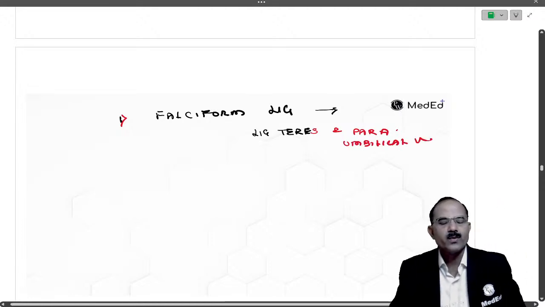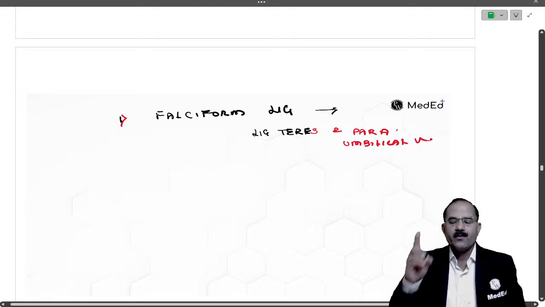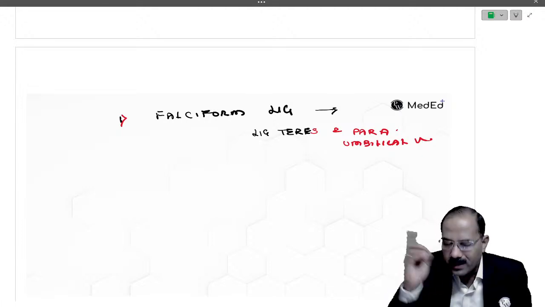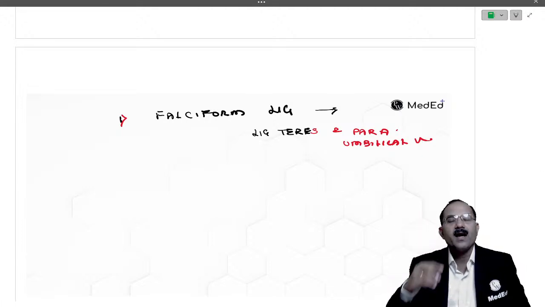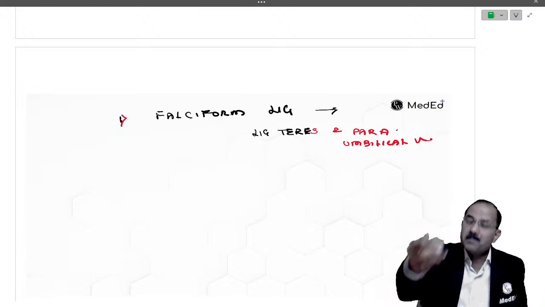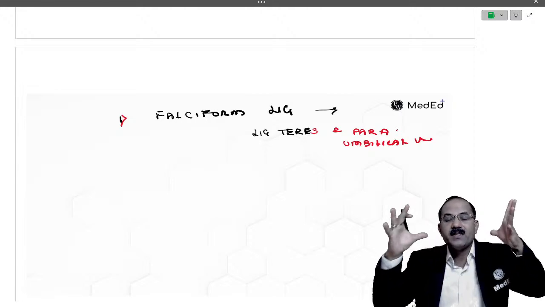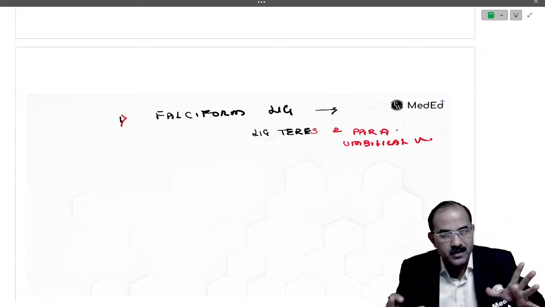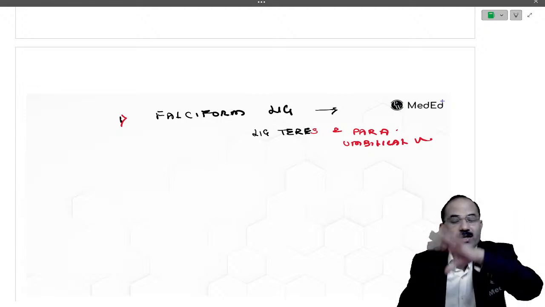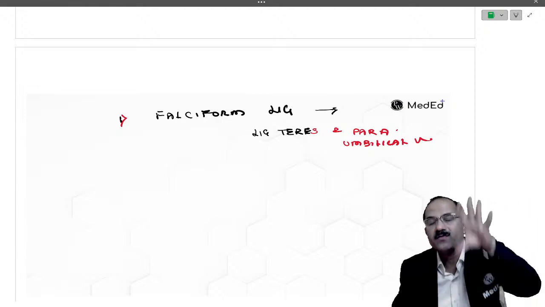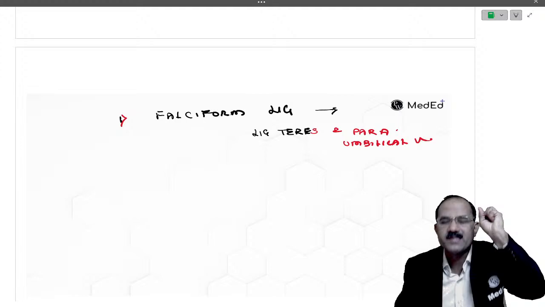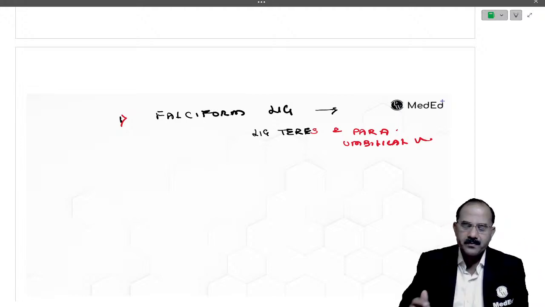You should know this. What does the falciform ligament contain? The ligamentum teres and the paraumbilical vein. The same paraumbilical vein which gets dilated in portal hypertension, and gives rise to a condition known as caput medusae.